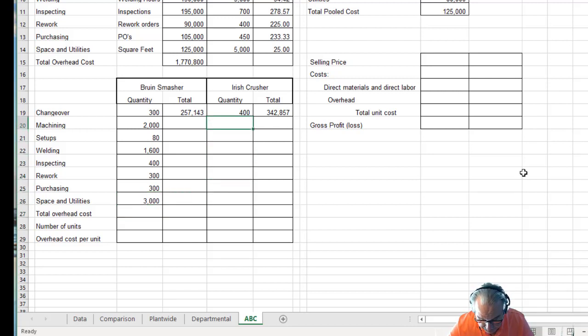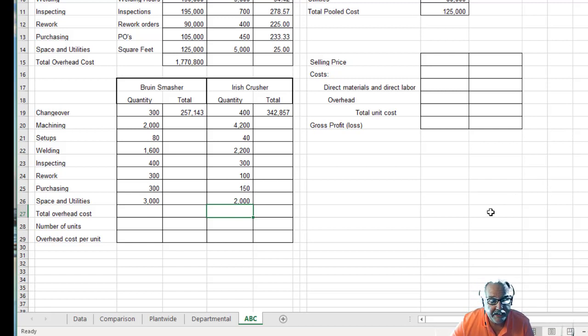Irish Crusher: 4,200 machine hours, 40 setups, 2,200 welding hours, 300 inspections, 100 rework orders, 150 purchase orders, and 2,000 square feet.